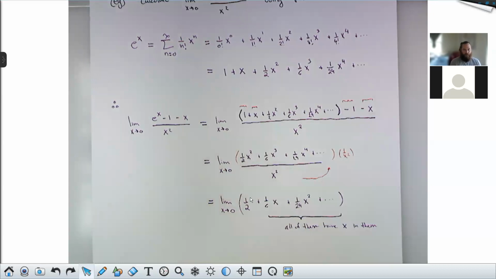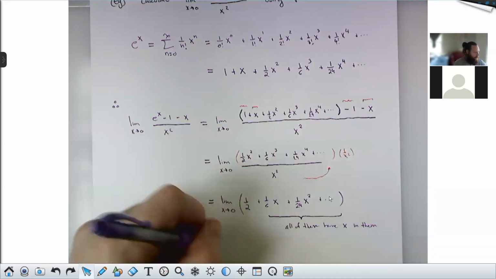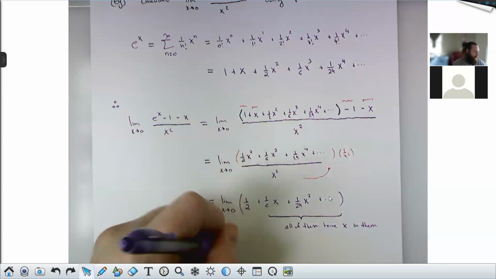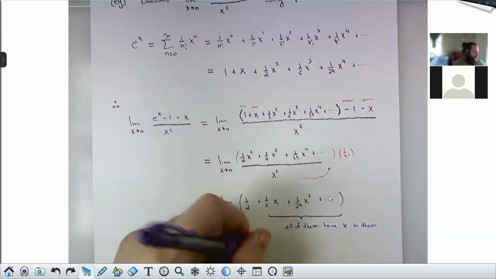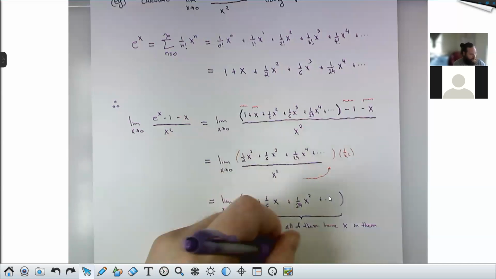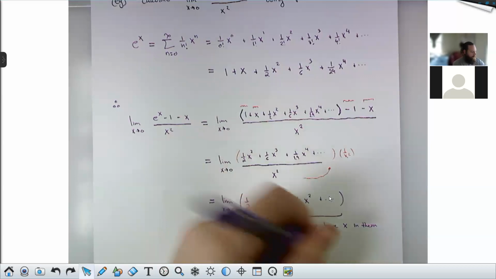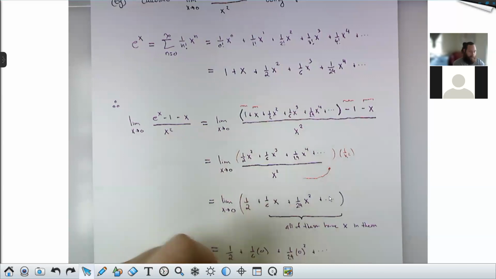So as x goes to 0, this is going to go to 0. This is going to go to 0. The next term there is 1/120 times x cubed. Well, that's also going to go to 0. So we get 1/2 plus 1/6 times 0 plus 1/24 times 0 squared, and so on. Just 1/2.